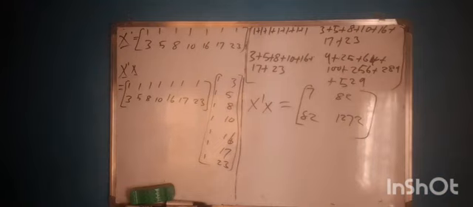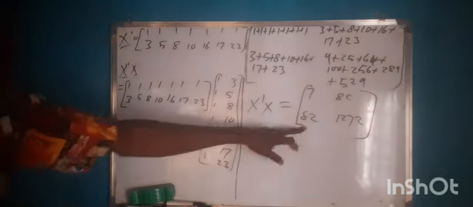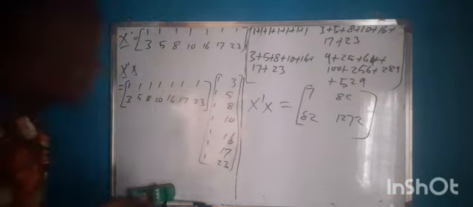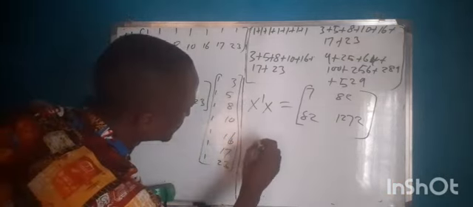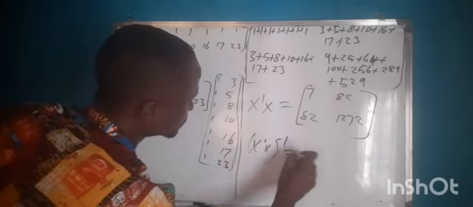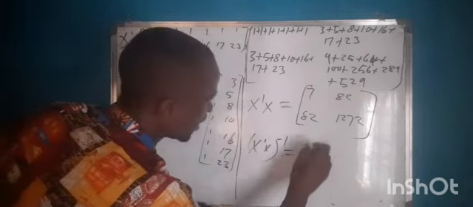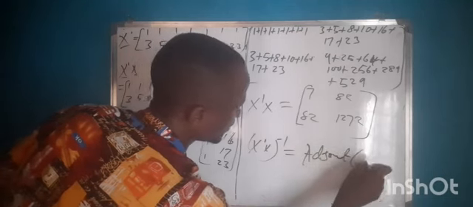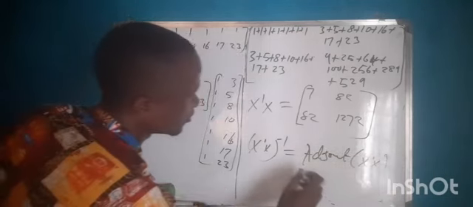Okay, the next step is to get the inverse of this matrix, which is X transpose X. Now, to get the inverse of X transpose X, the inverse is equal to the adjoint of X transpose X all over what?